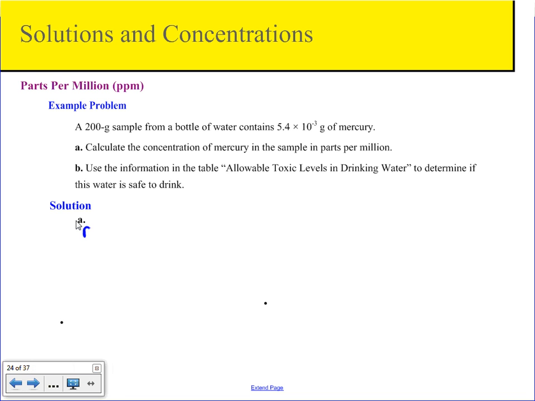We know the mass of my solute, in this case, is 5.4 times 10 to the negative 3 grams. For those of us who do not like scientific notation, we're going to convert that quite quickly. All we do is, because this is a negative value, we're going to move the decimal in this direction 3 times. So 1, 2, 3, meaning I now have 0.0054 grams.